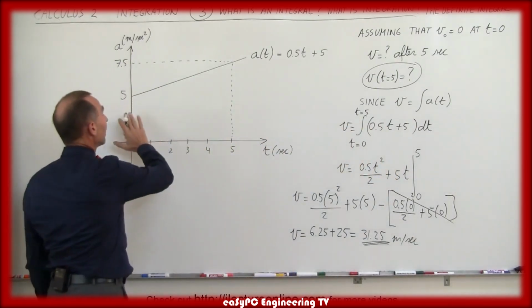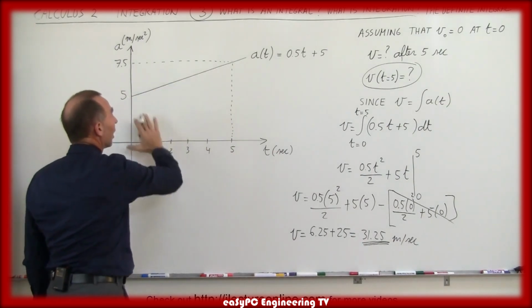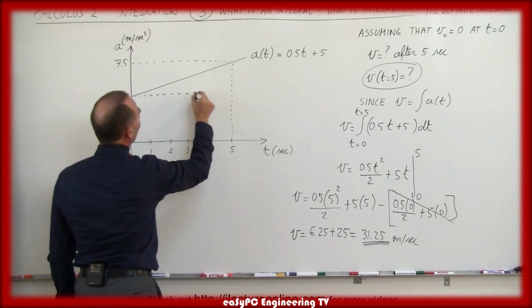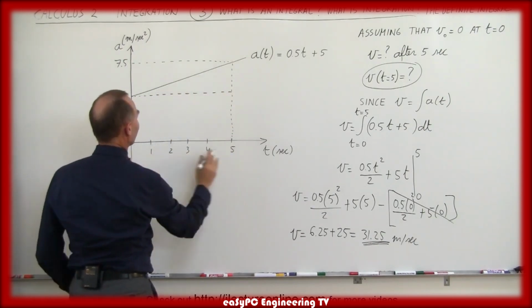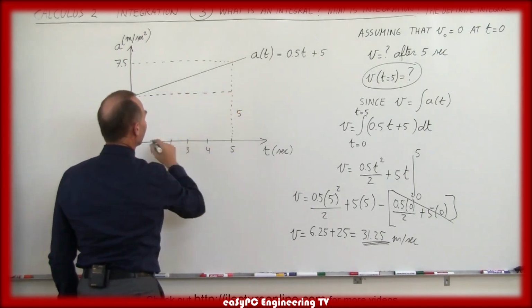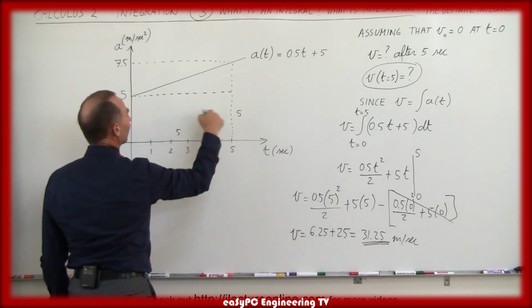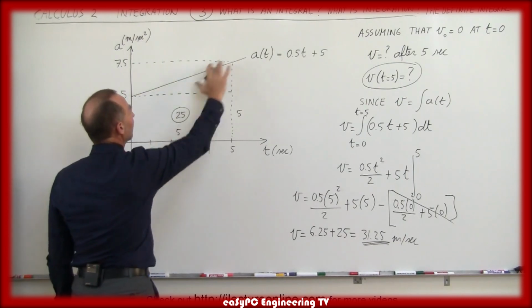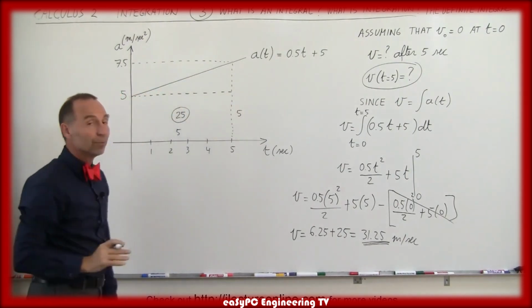Let's go back over here and evaluate the area of this graph right here. We can divide this into two regions. We have a rectangle. That rectangle is 5 by 5, so that's 5 high and 5 wide. So 5 times 5, that's equal to 25. That's the area of this portion. And now we need to add the area of the triangle.